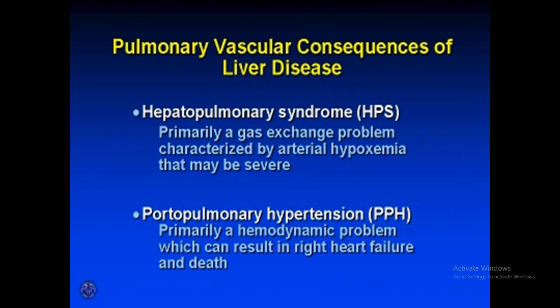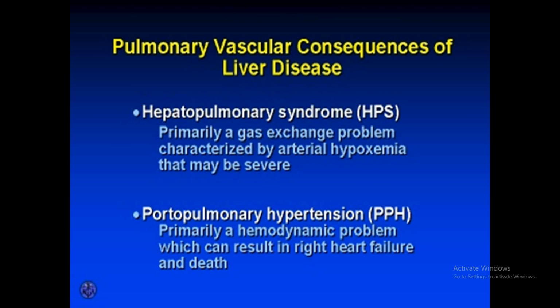There is another problem associated with portal hypertension and cirrhosis, that the lungs are also involved. About the heart, I already said there is high output cardiac failure with portal hypertension and in cases of liver cirrhosis. But the lungs are involved.